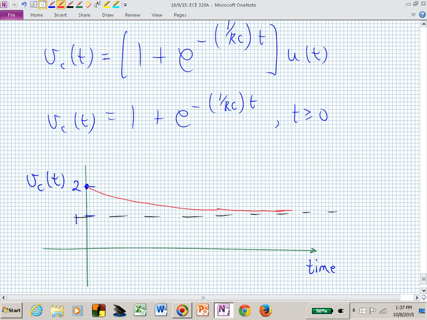When does this effectively become 1? When e to the minus 1 over RC t becomes insignificant. Right? That's when it becomes 1.